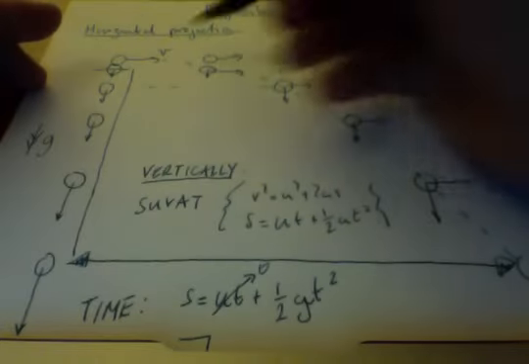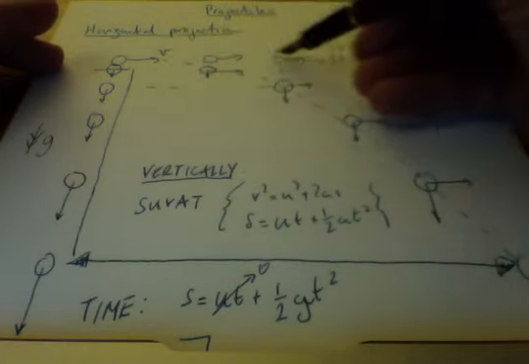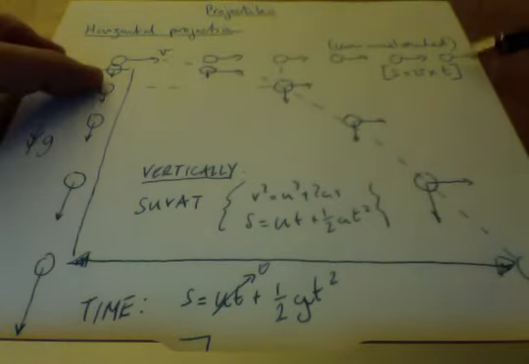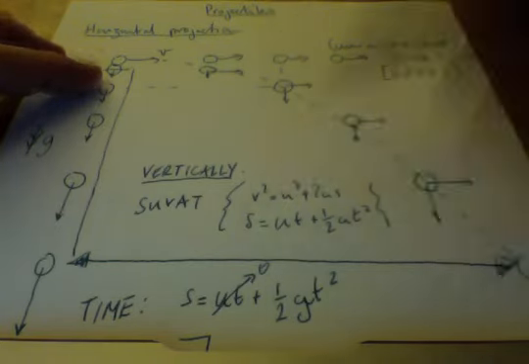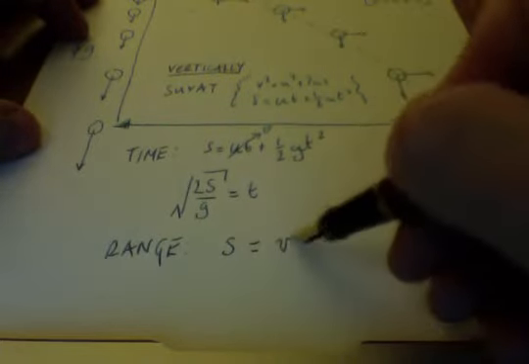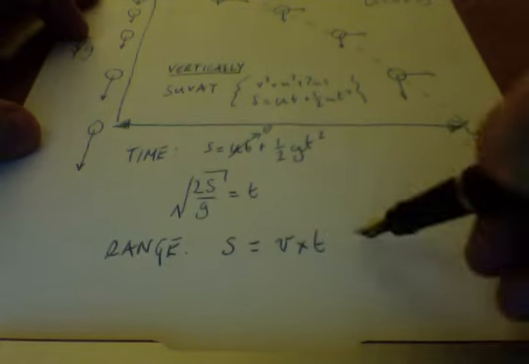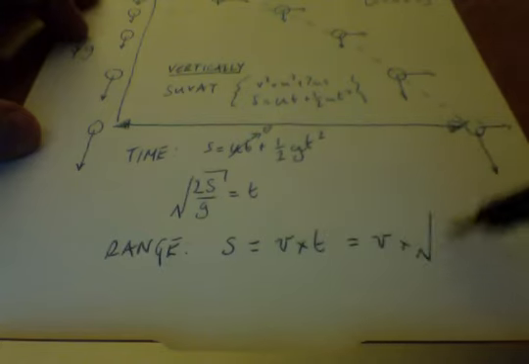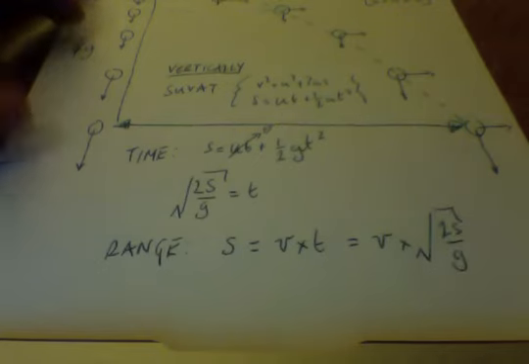If we move back to look here, because this motion is constant and unaccelerated, the distance moved is going to be the velocity multiplied by the time period, the time it's taken to hit the ground. We already have an expression for the time period, so therefore this expression becomes our range.